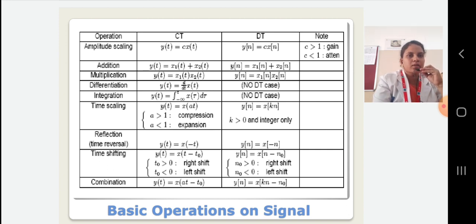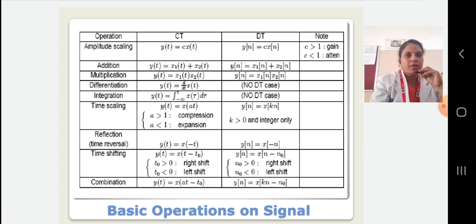Another one is amplitude scaling and time scaling. As the name itself says, the amplitude will be scaled in amplitude scaling, and the time will be scaled in time scaling. In amplitude scaling, y of t equals c times x of t, so the amplitude will be scaled by the constant c. In time scaling, y of t equals x of at, that is, t will be scaled by a factor of a.